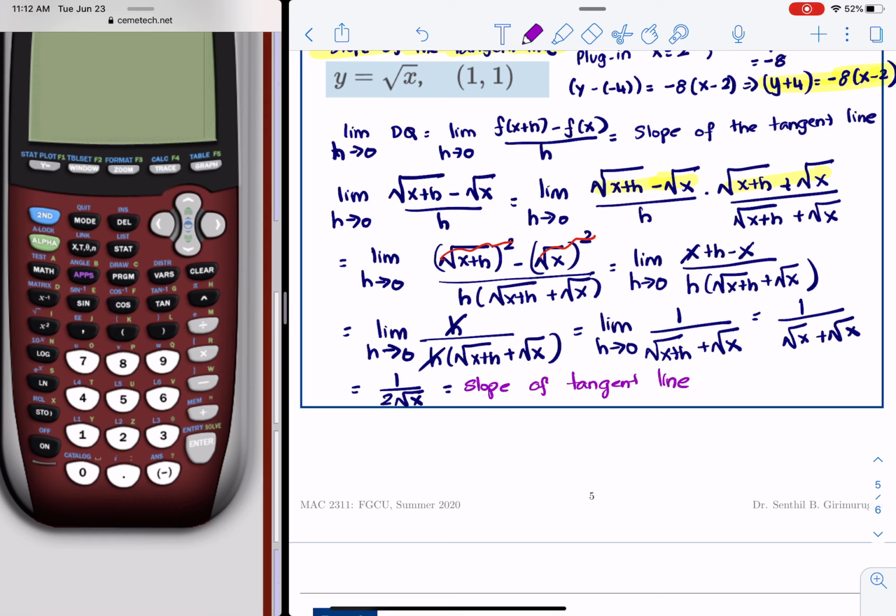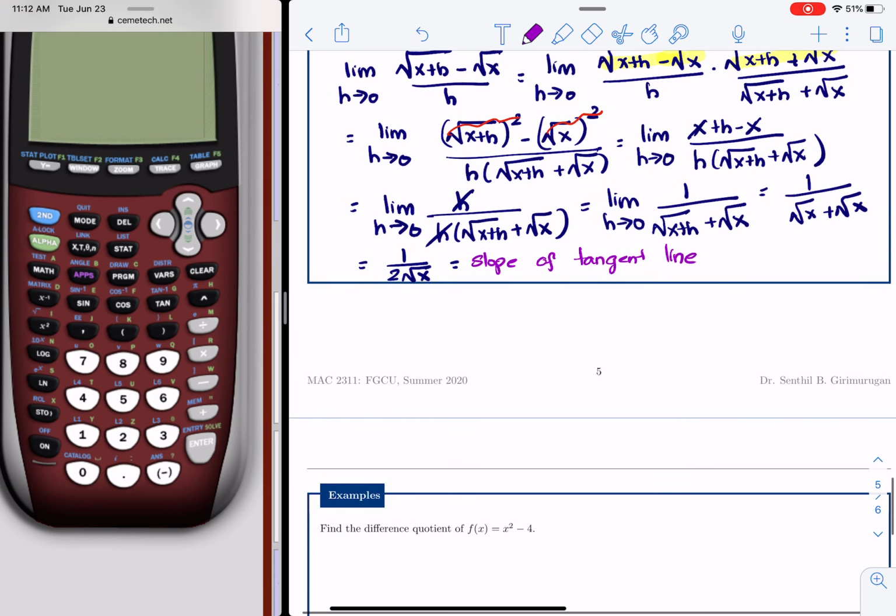All I have to do is now plug in the point that we have in the problem. That is the correct point corresponding to the function. So if I use that point in the slope of the tangent line, I'll have m equals 1 over 2 times square root of 1, which is 1/2. So I have the slope of the tangent line at 1, 1.